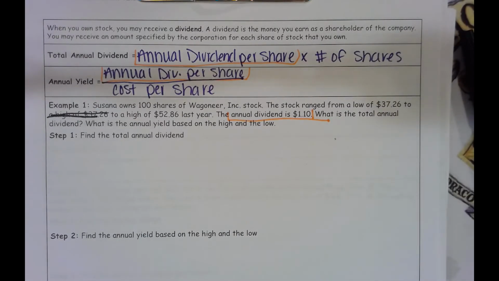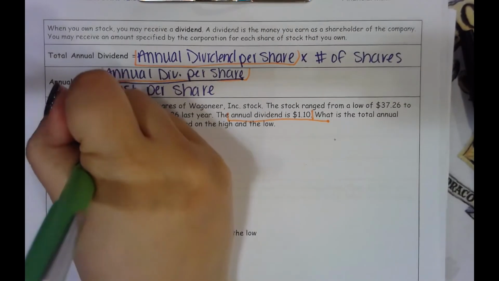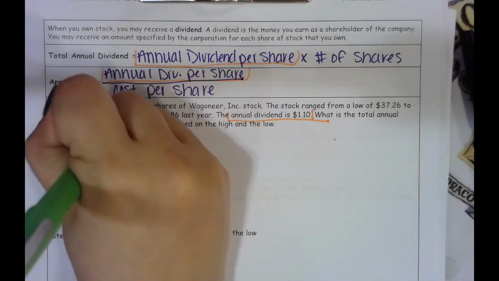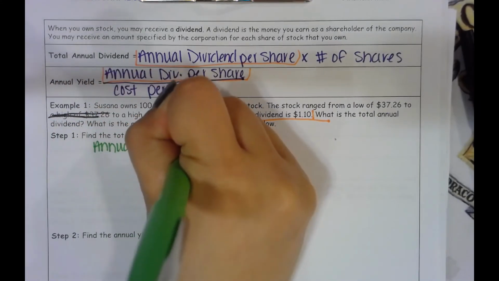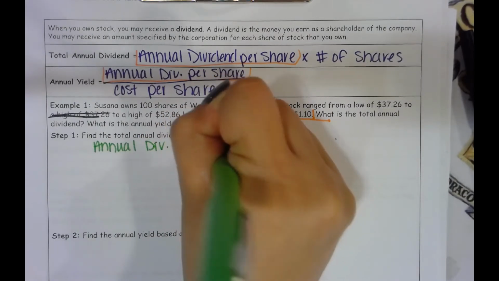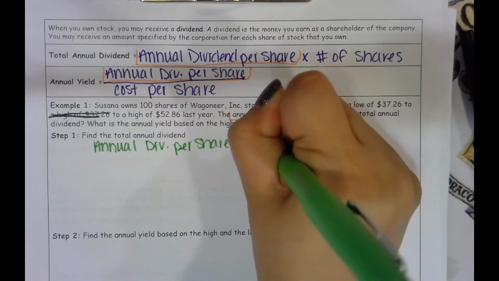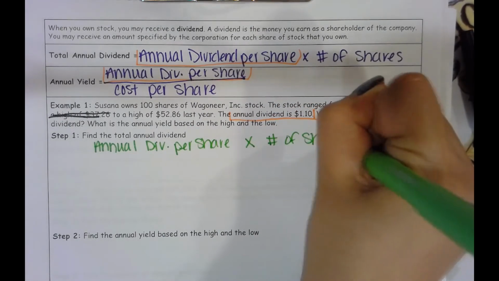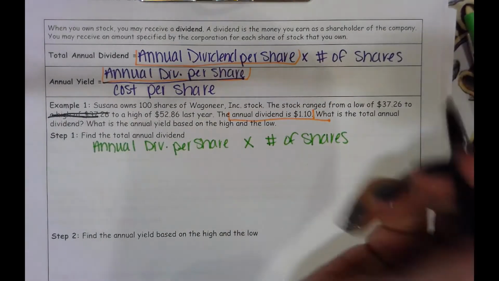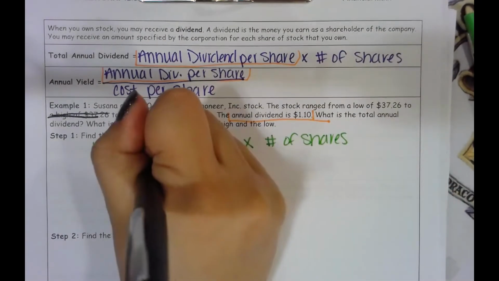Alright. So to find the total annual dividend, you have to take your annual dividend per share and multiply it by the number of shares. So your annual dividend per share is $1.10.